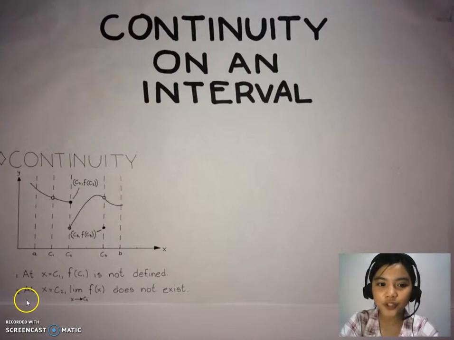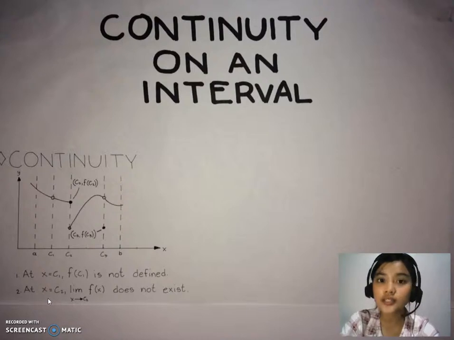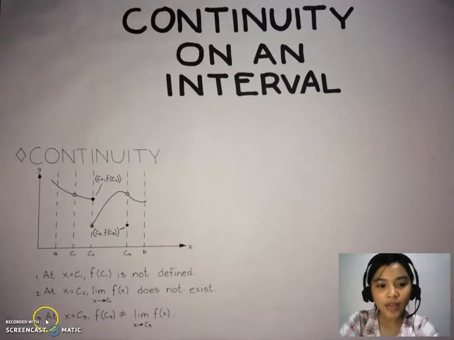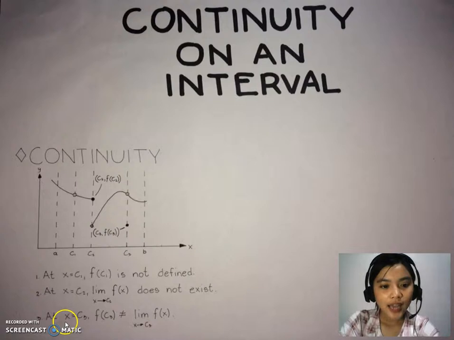For the second value, at x equal to c sub 2, the limit of f of x as x approaches c sub 2 does not exist. And for the third value, x is equal to c sub 3, f of c sub 3 is not equal to the limit of f of x as x approaches c sub 3.